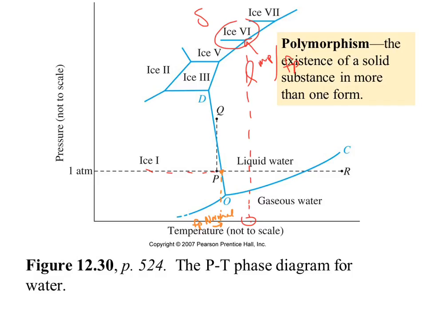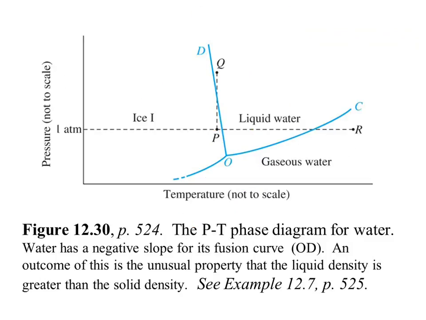So anyway, still sticking with water. This is a subset of what we just saw. I mentioned that water has this negative slope right here, and this is kind of unique, I think. And it has consequences. It's between the solid and liquid state.